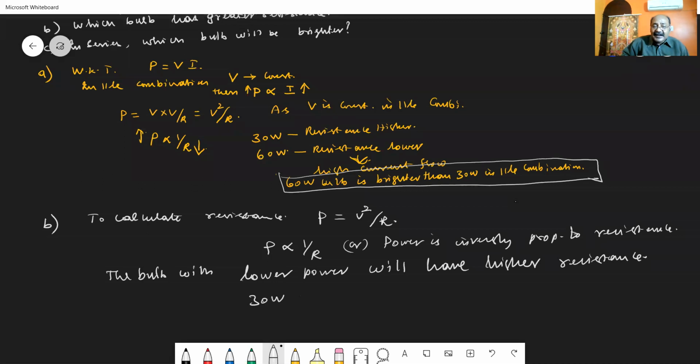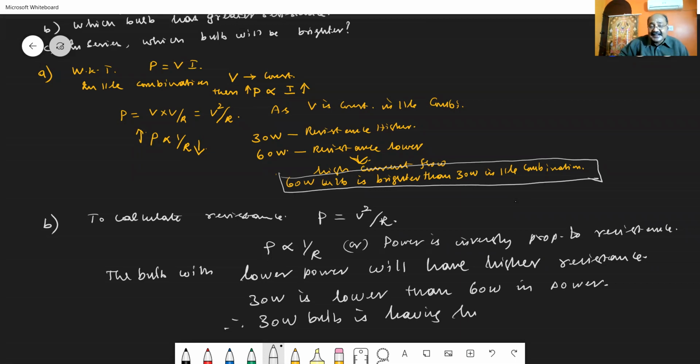The 30 watt bulb is lower than 60 watt in power. Therefore, the 30 watt bulb is having higher resistance than the 60 watt. Hope you should have understood.